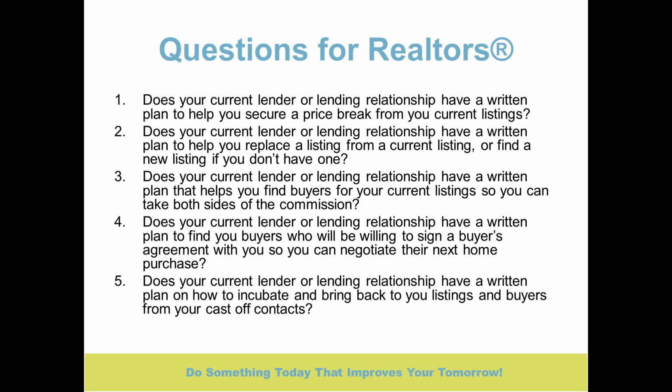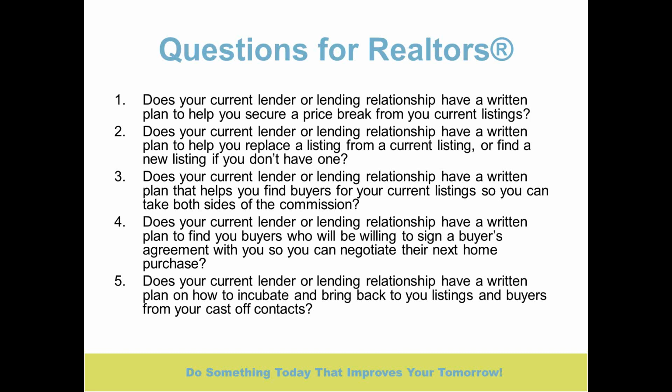And it's pretty straightforward. Does your current lender or lending relationship have a written plan to help you secure a price break from your current listings? Again, we've talked about that in the 2% solution. By getting in front of that listing and getting them pre-approved for their next purchase so that they are fully aware of how much money they can spend and how much they actually need, that negotiation over $5,000 or $10,000 becomes very small when they realize that in terms of the transaction, it's only a few dollars a month.